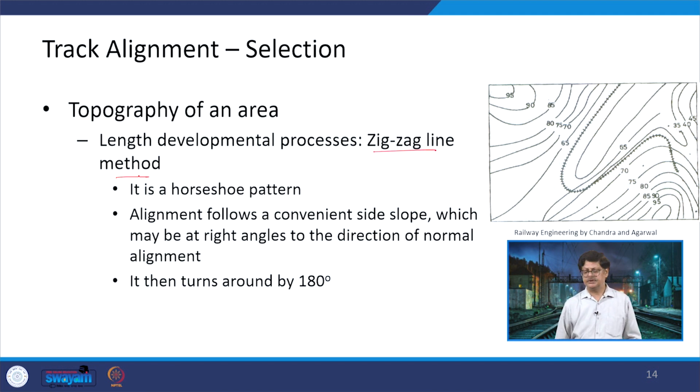Now, in the case of the zigzag line method, you can see that if you are moving from this direction to here, the levels are increasing. Similarly, when you are going here, these levels are increasing. It means there is a hill here as well as a hill on this side. We are trying to move in this one, which is between 65 and 65, that means it is more of a plain area, and then a turn is being taken and slowly we have moved to 70.